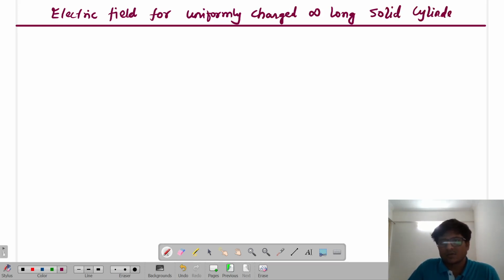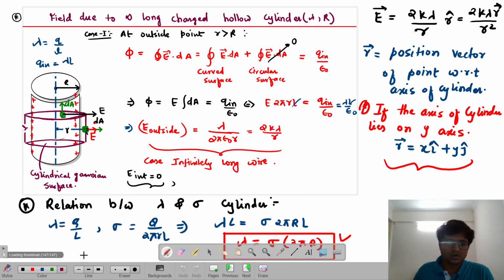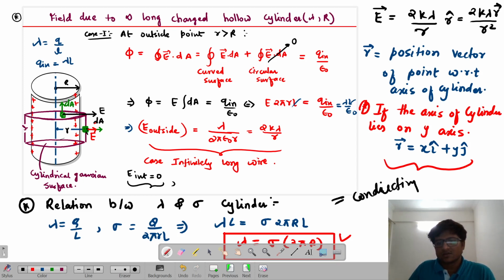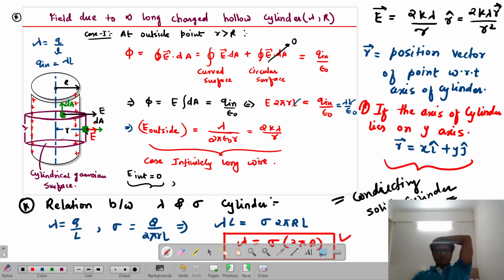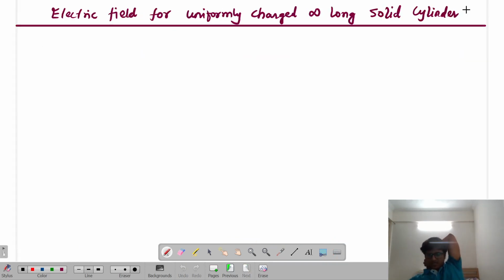Okay, for conducting, similarly, this value is applicable for a conducting solid sphere. Are you able to get me? Because once again, for the conducting case, the charges will be on the surface only. So, a long solid cylinder which is non-conducting. Are you able to get me or not?